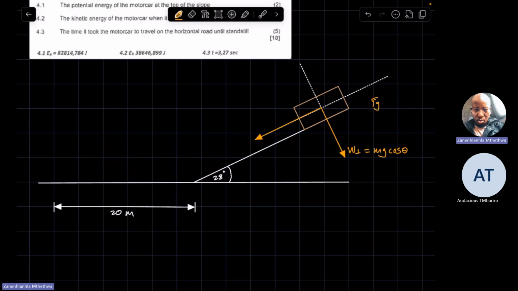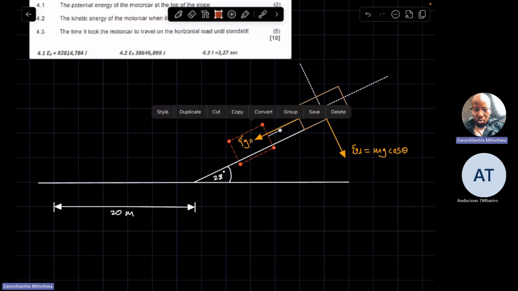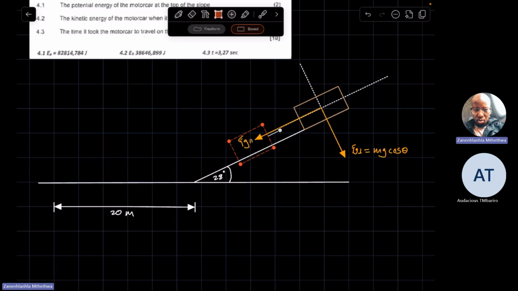And then here you have Fg parallel. In fact, here, let me say Fg perpendicular. You have this here, and then you also have the normal force.